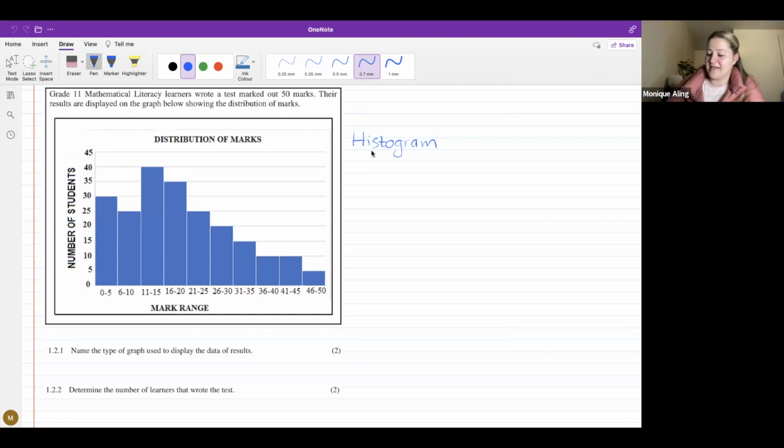Okay. So histogram, there are no spaces between the bars. Okay, bar graph has spaces.